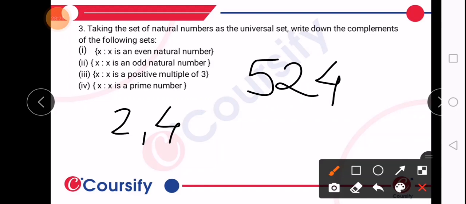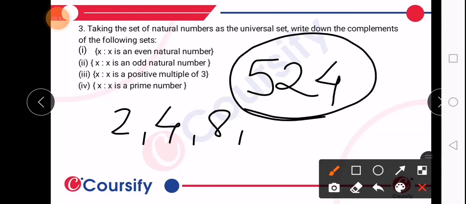So it's divisible by 4. Now, it is even divisible by 8. 8 ones are 8, 8 sixes are 48. We are left with 4. And thus we have so many factors of the number 524. In such a case where it has so many factors, we call that number a composite number.